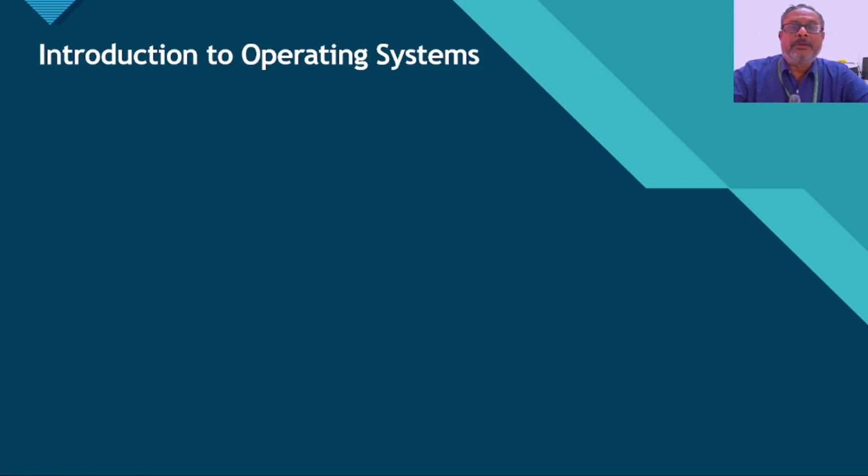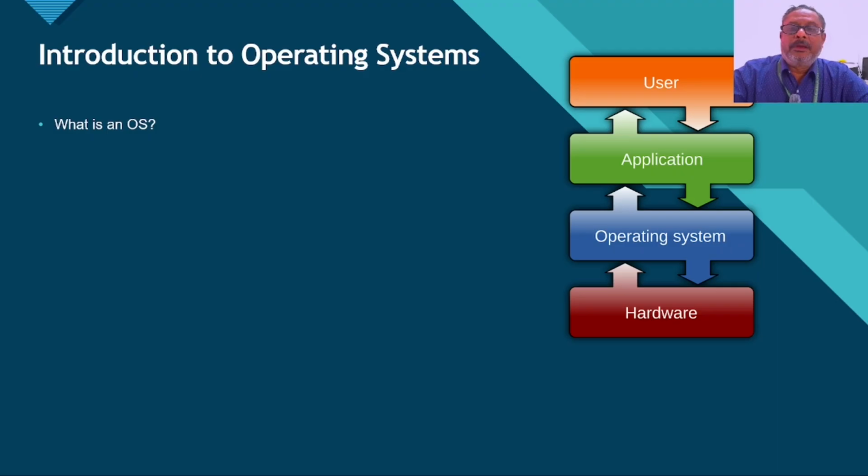Just before getting in detail about the services, let's quickly look at what an operating system is. The operating system is an interface between the user and the hardware to make the user's actions simple.